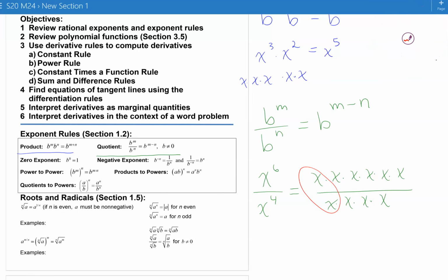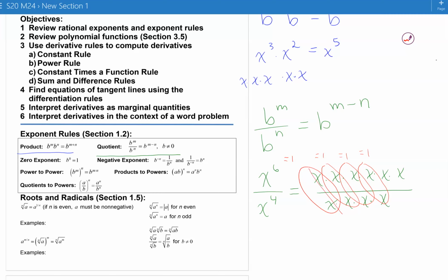X over x, no matter what x is, that equals 1. This x over x equals 1. This x over x equals 1. And multiplying by 1 is called the multiplicative identity. Multiplying by 1 doesn't change anything.